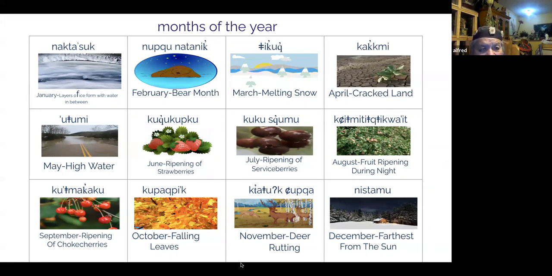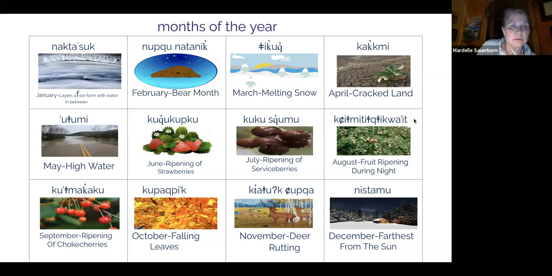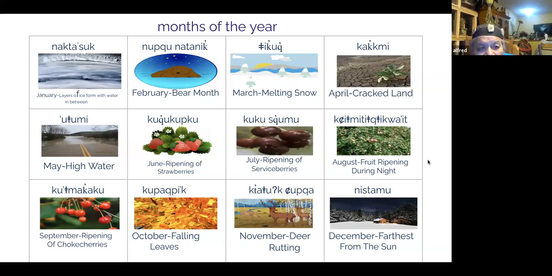So we have Naktasuk, and all the names of the months relate to what is happening out on the land. So January, layers of ice form with water in between. So there'd be like shell ice.